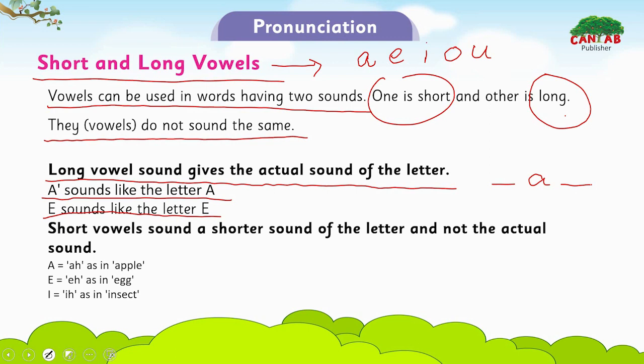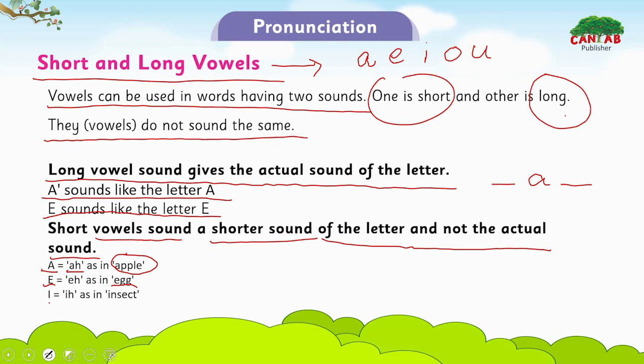And whenever a vowel gives a shorter sound of the letter and not the actual sound, they are called short vowels. For example, if I am going to discuss A in apple, it sounds like eh. If I discuss E in egg, it sounds like egg, eh.